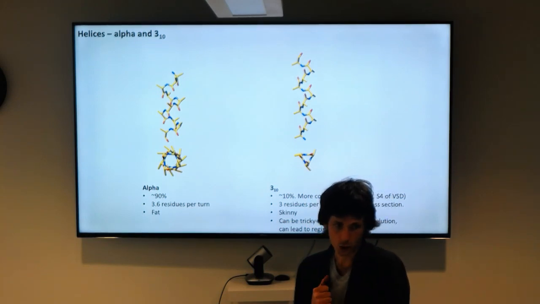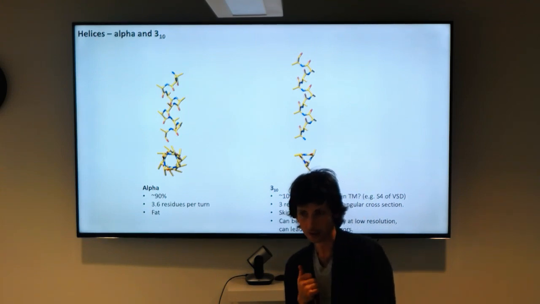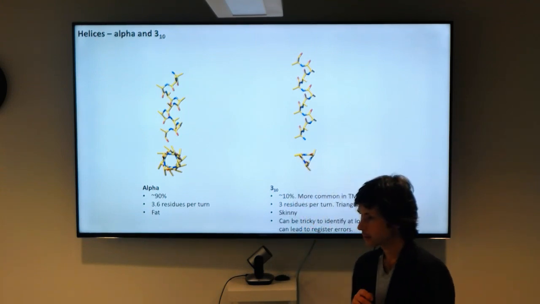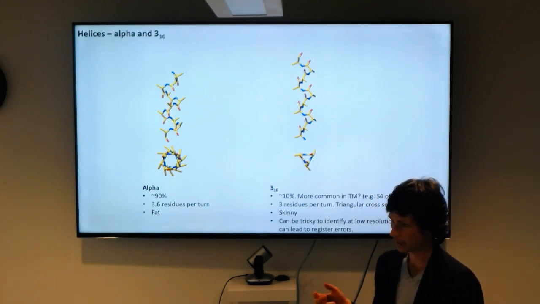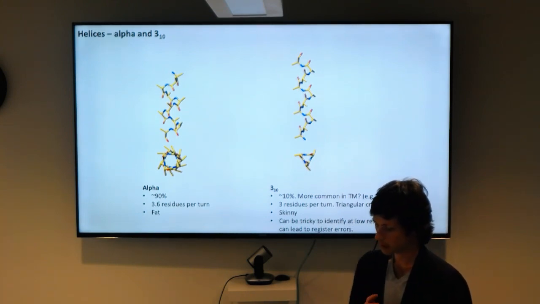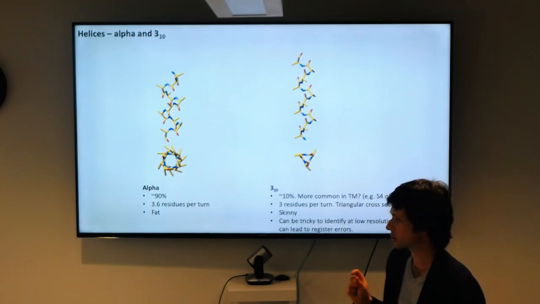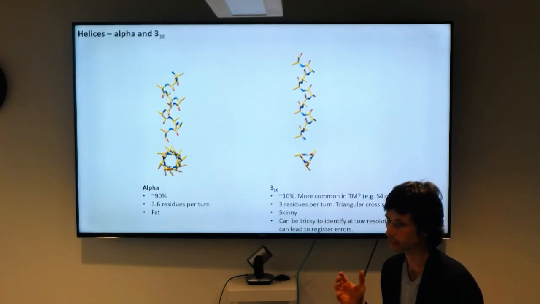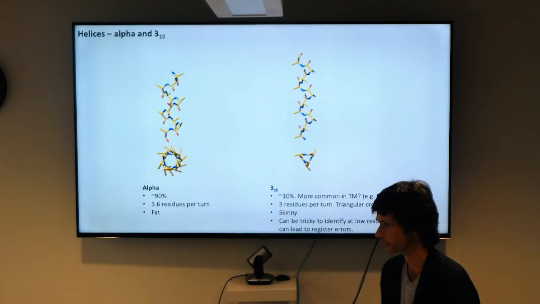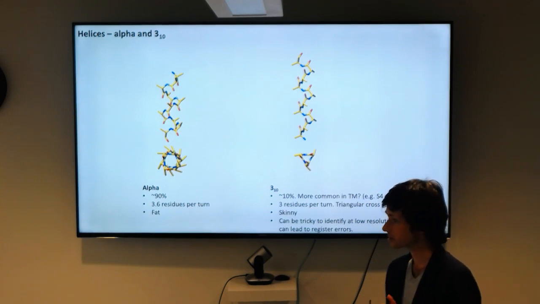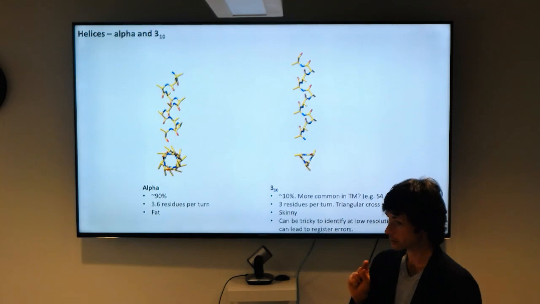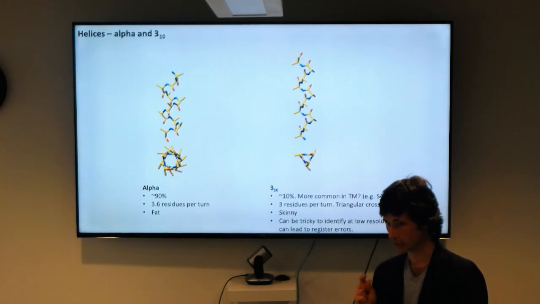Particularly if you work on membrane proteins, this is something to keep in mind, because although with soluble proteins alpha helices are by far predominant, in membrane proteins there's a not insignificant fraction of 3-10 helices, including some fairly important ones, like, for example, the voltage sensor of a potassium channel. The S4 helix, which senses voltage, is typically a 3-10 helix. And at low resolution, that can be really tricky.